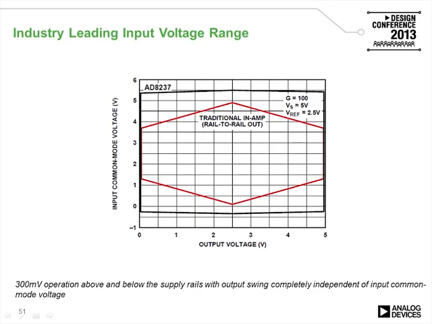As can be seen from this slide, the AD8237 has an input common mode voltage that exceeds its power supplies. This means that this amplifier can be used to sense or amplify voltages that are very close to ground or very close to its power supply.